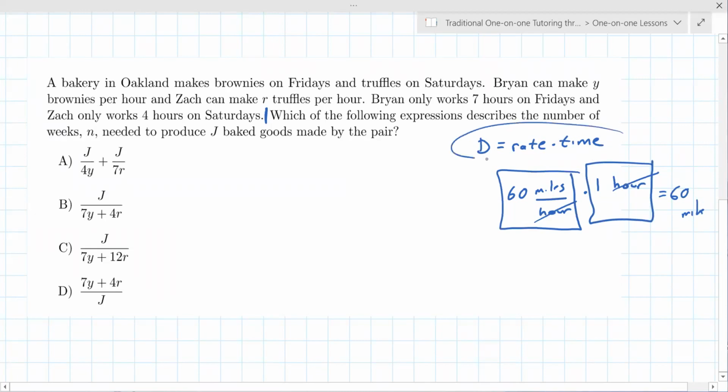This equation doesn't just apply to driving, it applies to any sort of rate. So when it says here that Brian can make Y brownies per hour, and Brian works 7 hours, what is Brian's total?